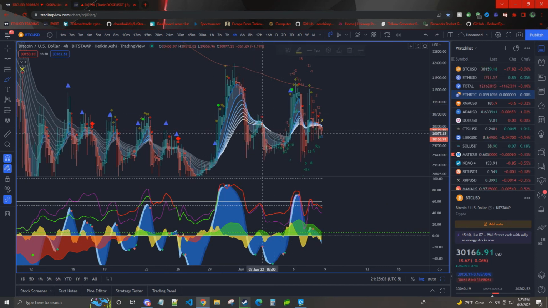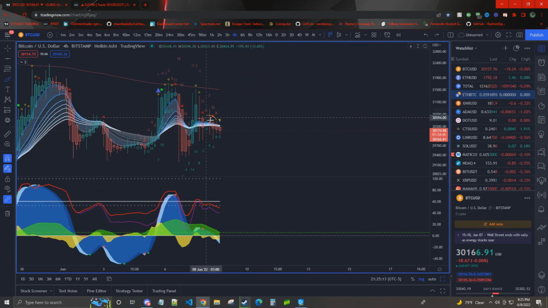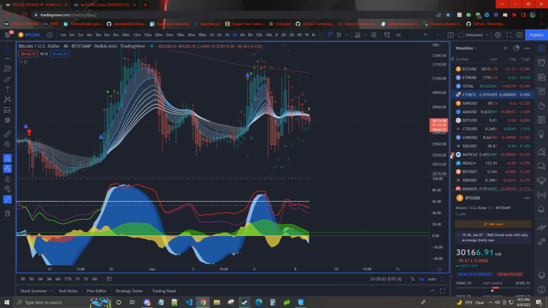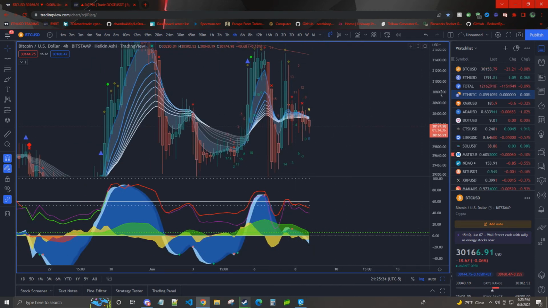I kind of stalled on it, so I closed up here. I got in this short as well. I did not get in on this short up here. Wish I did. I'm currently in a short based on this red X, right? The bearish EMA cross on the Super Trend Alpha indicator.